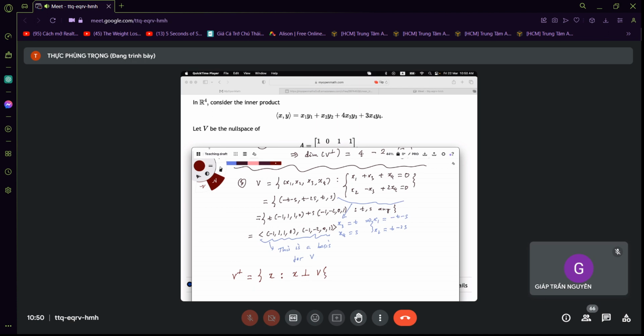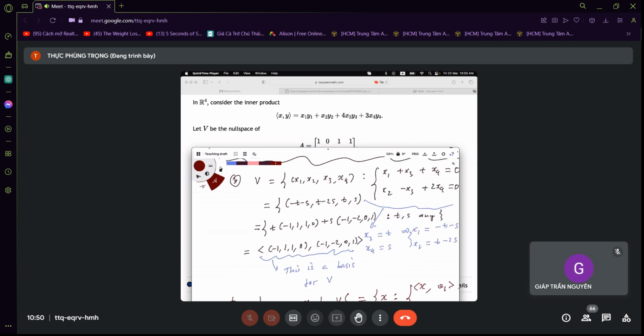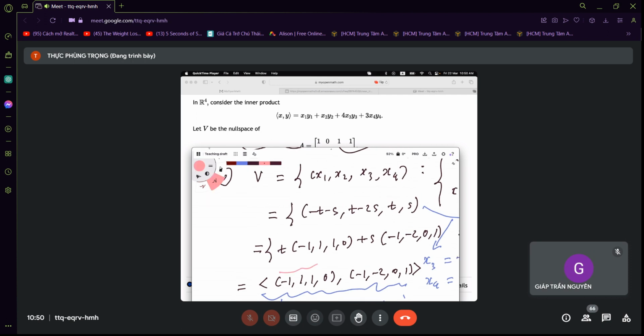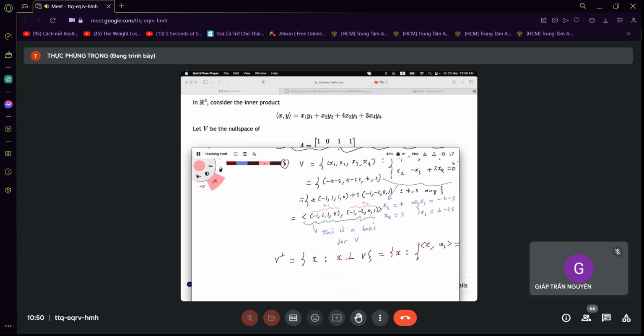But when you have a basis, you can translate this into the set of S so that S is orthogonal to, let's say, V1 right here, let me put this one as V1 and this one as V2.